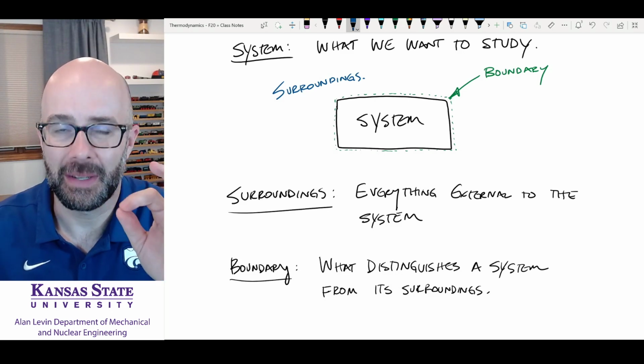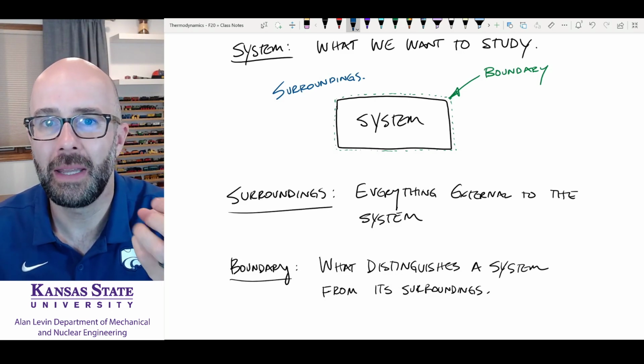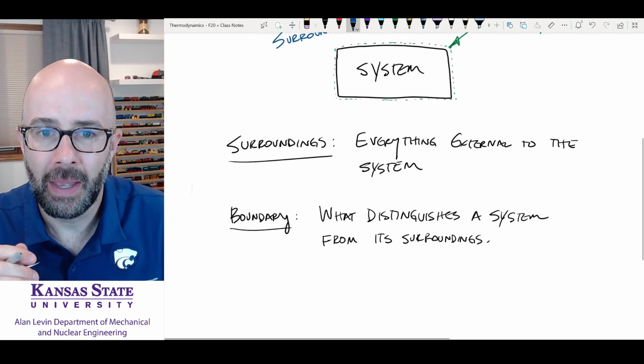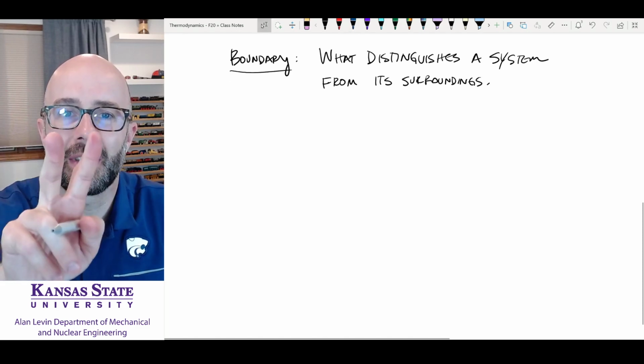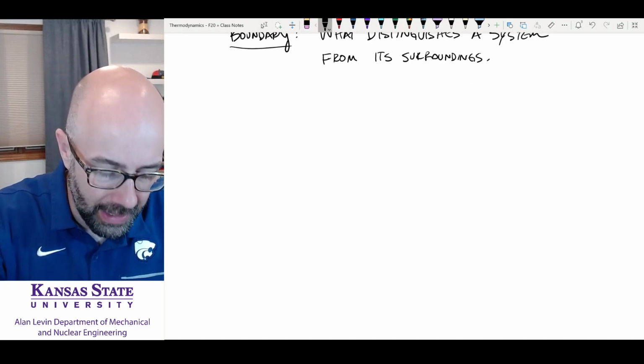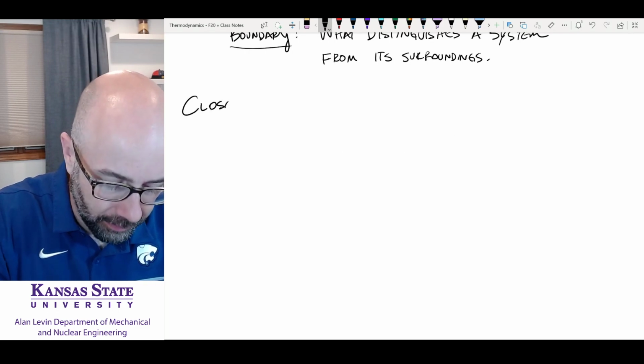But these systems are probably going to be one of the more important things that we're going to have to work with in thermo. And there are two primary types of systems that we're going to deal with. The first one is going to be called a closed system.